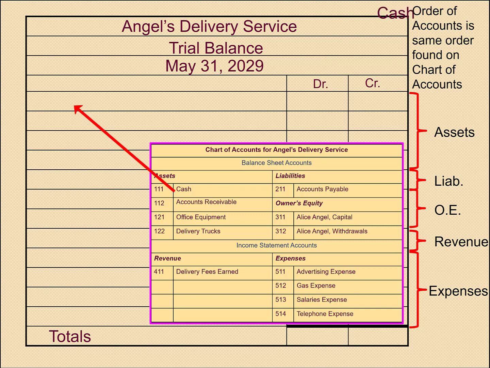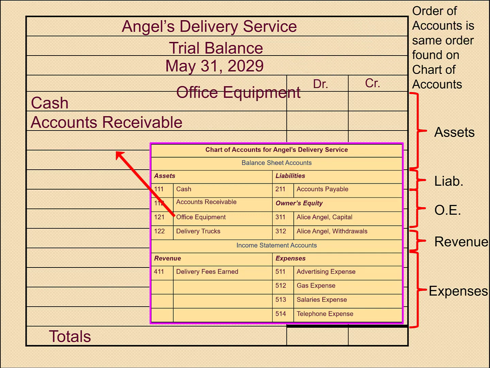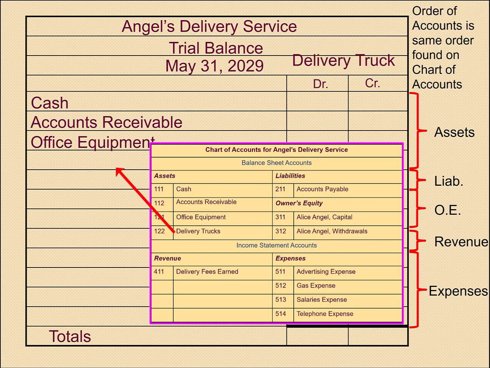So we've got cash. Next we've got accounts receivable. Next, we've got office equipment, so make sure you're writing these down. If I go too fast, you need to pause the video. Delivery truck, and that's all of our assets.